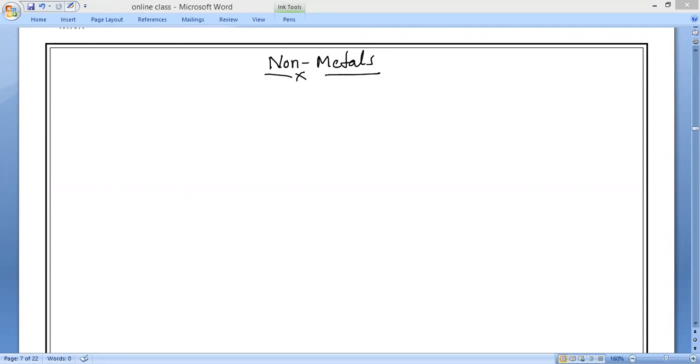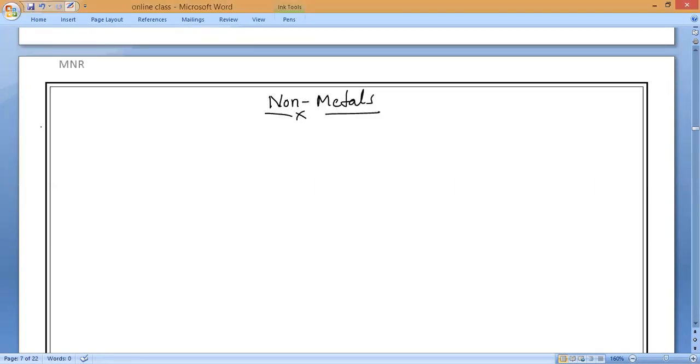Can anybody tell me the definition of non-metals? Mitakshri? Just opposite to metals. Metals are malleable and ductile and conduct electricity. But here, opposite, what will come? Non-metals are neither malleable nor ductile and do not conduct electricity.